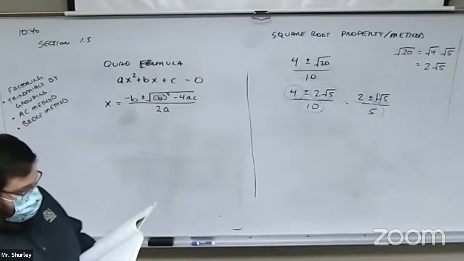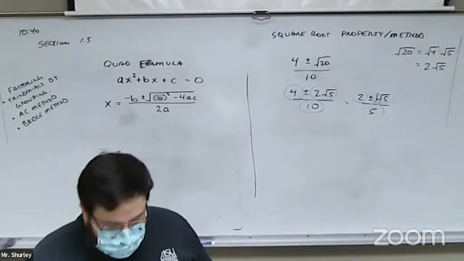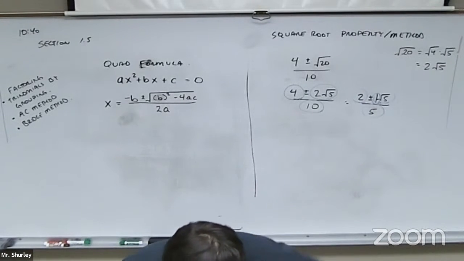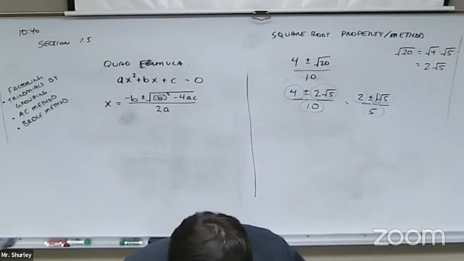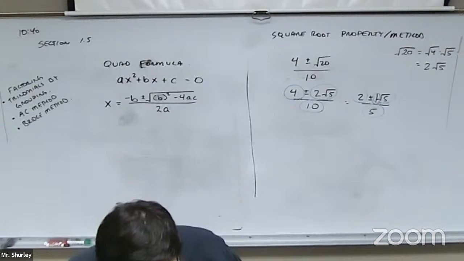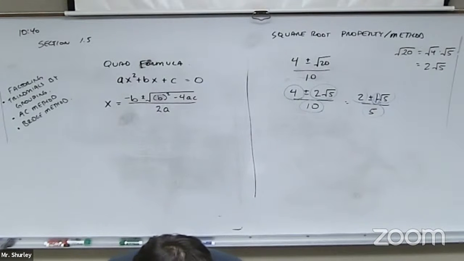Would it be like that, 2 plus or minus the square root of 5 over 5, or is it a different way? It looks like it writes it both ways, which I'm not a fan of. I wish it was more consistent. I'll show you on this next one.